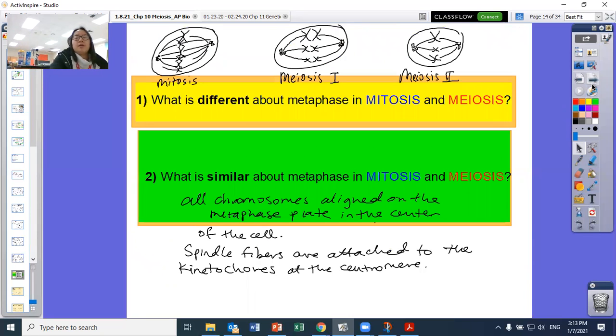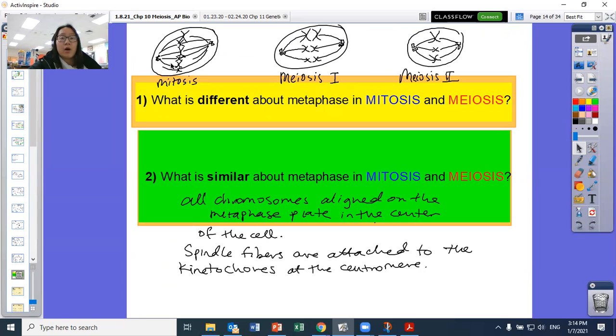So what is different about metaphase in mitosis and meiosis? Well, if you look at Meiosis 1 compared to mitosis, the same number of chromosomes are actually lined up differently. So the chromosomes are lined up in homologous pairs, and they get pulled as full chromosomes to the side. So the chromatids are not separated during Meiosis 1.